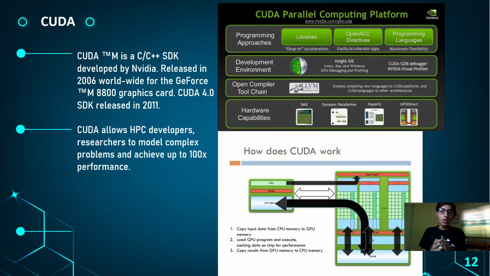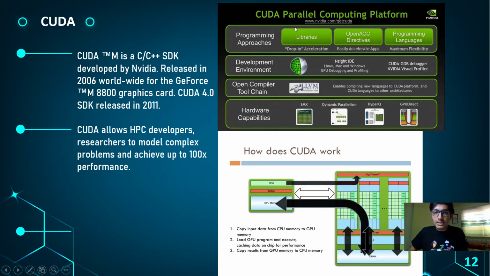It is used to model complex problems and achieves up to 100 times the performance of the CPU if used correctly. If the algorithm or the CUDA toolkit is used specifically for a perfect task, then it can achieve up to 100% more accuracy.